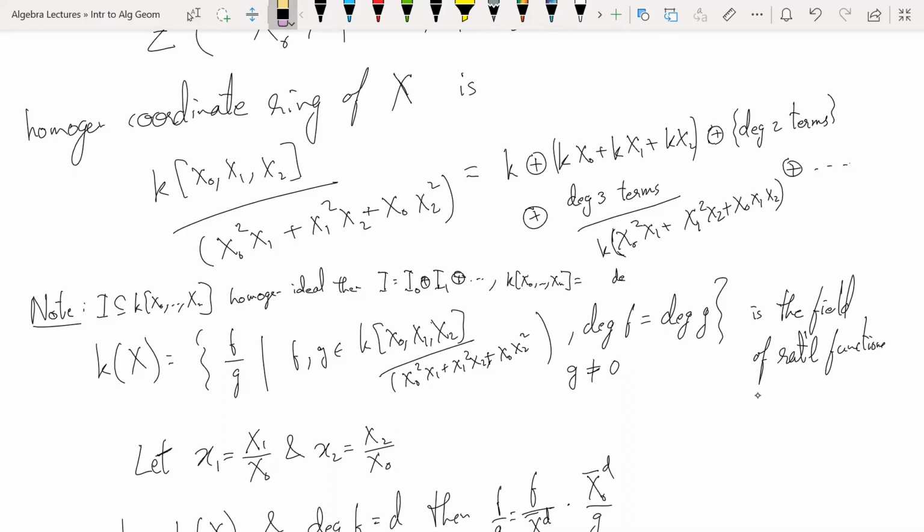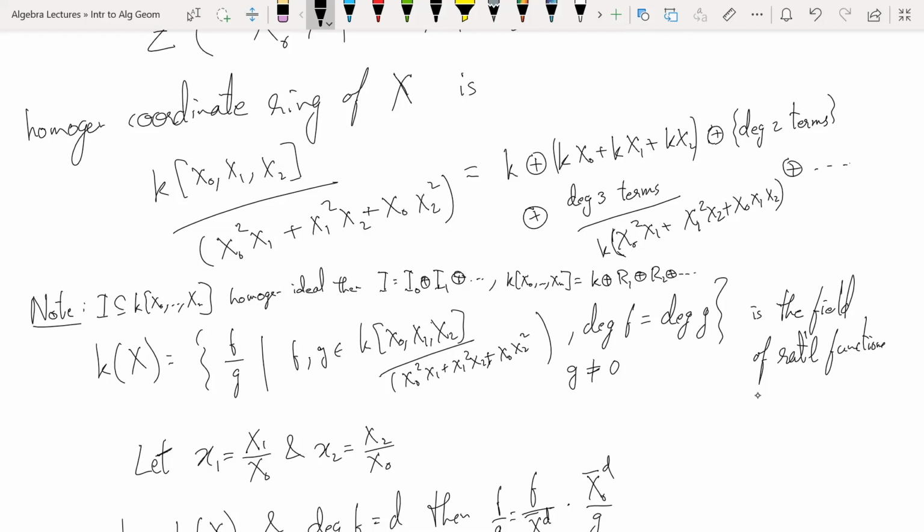Maybe I'll write it as k plus R_1, every homogeneous degree one polynomial, and 0, and so on, R_2 and so on. So this is how it will look.